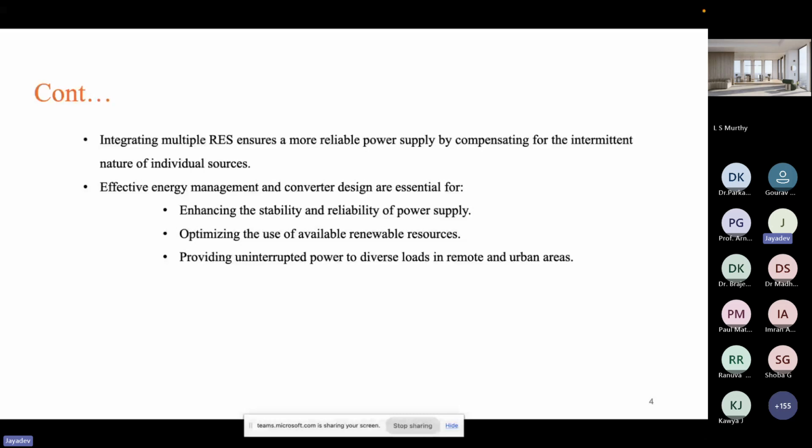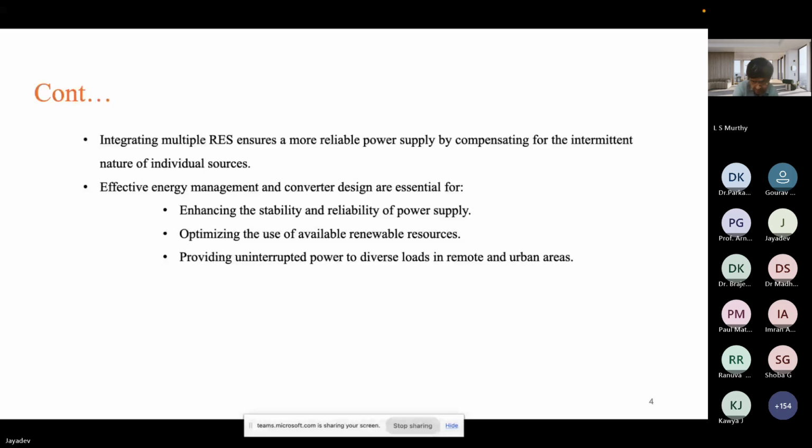So to achieve all these things, we need effective energy management and efficient converter design. With this, we can achieve uninterrupted power supply to the load, optimize the use of available renewable sources, and increase the stability and reliability of the power system.